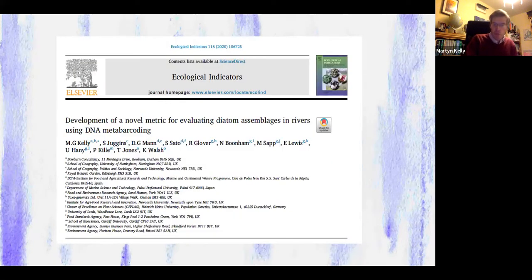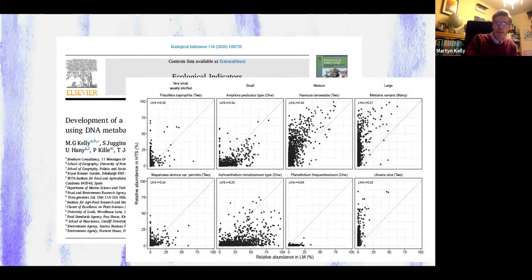So how, for example, does the representation of individual species vary between light microscopy and metabarcoding? This is the UK study that I mentioned a couple of slides ago. And here, again, with a matched data set of over 1,000 samples, is the relative abundance of some common taxa in light microscopy on the x-axis and metabarcoding output on the y-axis.